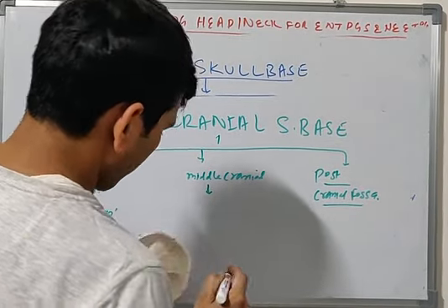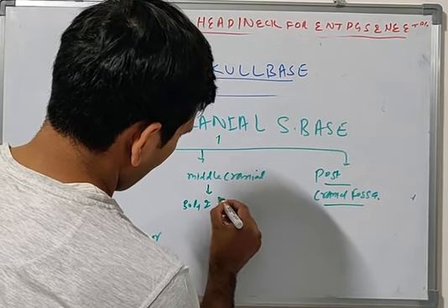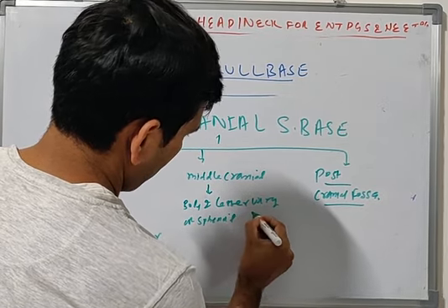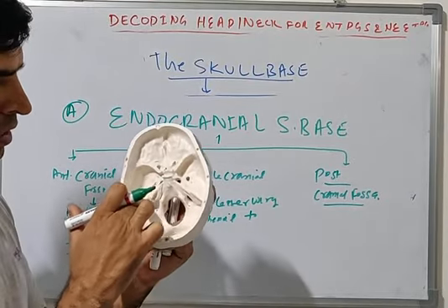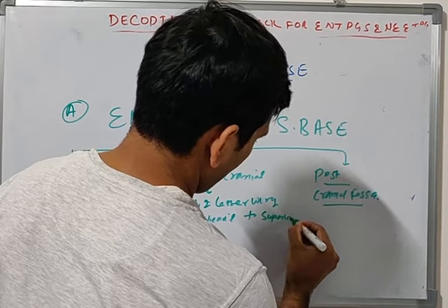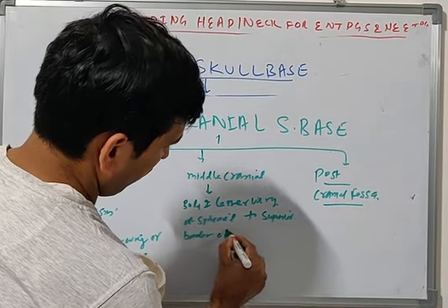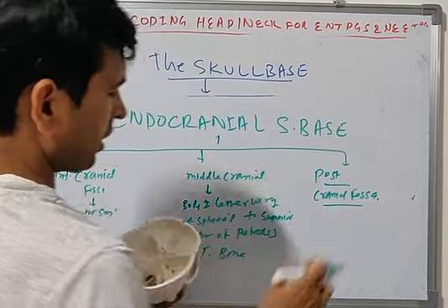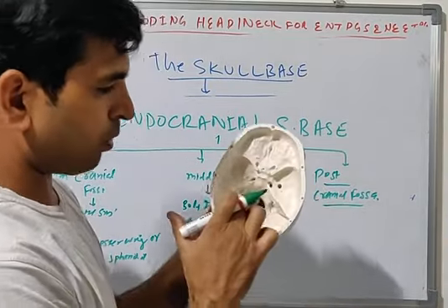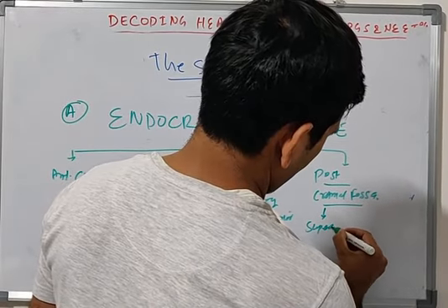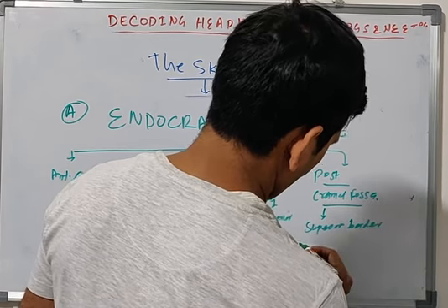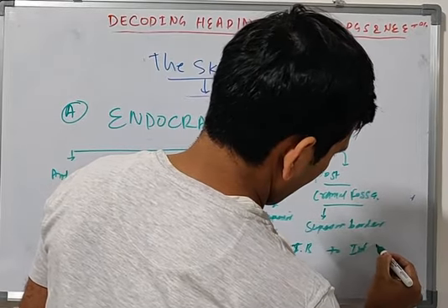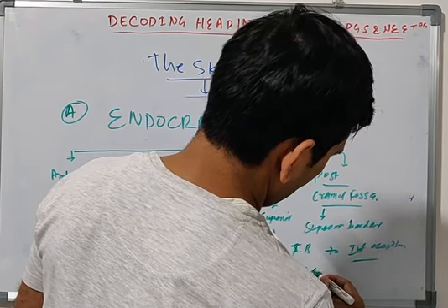The middle cranial fossa extends from the body and lesser wing of sphenoid to the superior border of the petrous temporal bone. The posterior cranial fossa extends from the superior border of the petrous temporal bone to the internal occipital protuberance, or you may say the occipital bone.